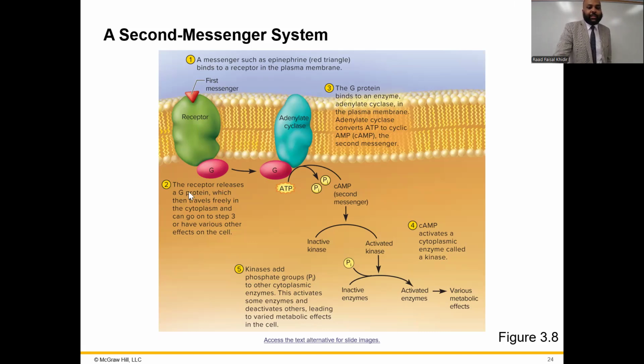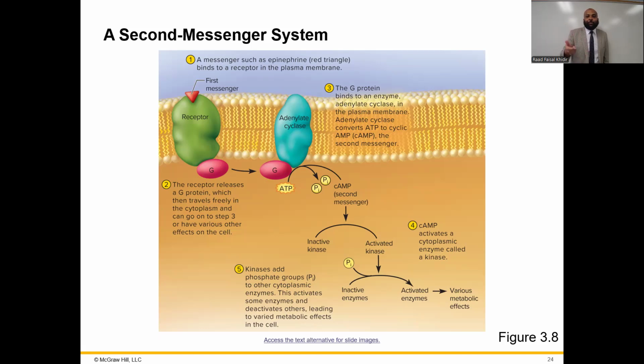Then a messenger such as epinephrine would bind. Then the receptor releases the G protein, which then travels freely in the cytoplasm and can go on to activate other enzymes.